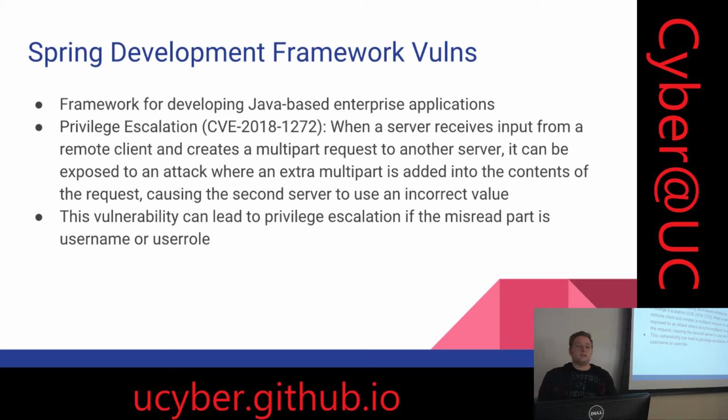Where was I? All right. So one server receives information from a client, and it needs to send that data to another Spring development server, and so it composes this multi-part message.